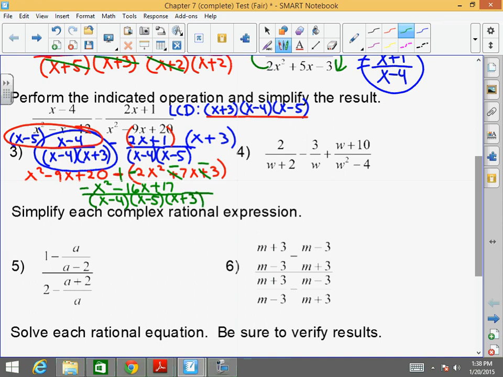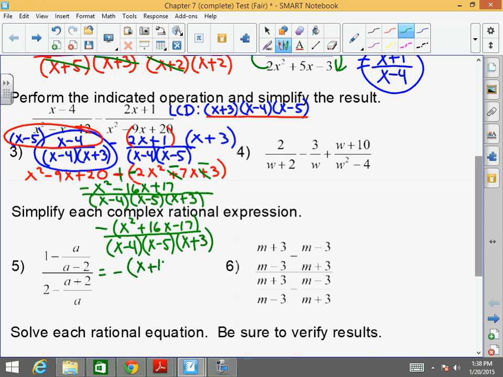Some people wanted to get fancy, which is fine, and they wanted to factor out a negative there. Then it would have been negative out here, x squared plus 16x minus 17 over x minus 4 times x minus 5 times x plus 3, bless you. And then some people wanted to go one step further and factor.